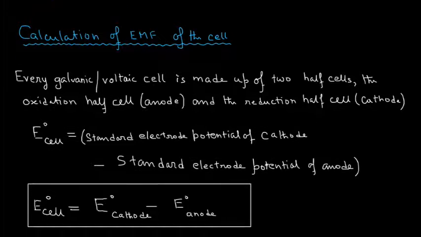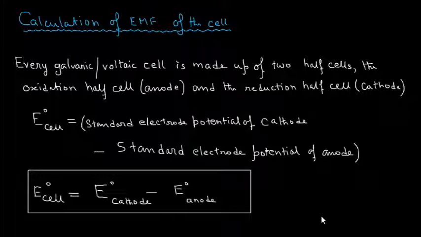Now let us see one more concept, that is calculation of EMF of a cell. Every galvanic or voltaic cell is made up of two half cells, the oxidation half cell, that is anode, and the reduction half cell, that is cathode.